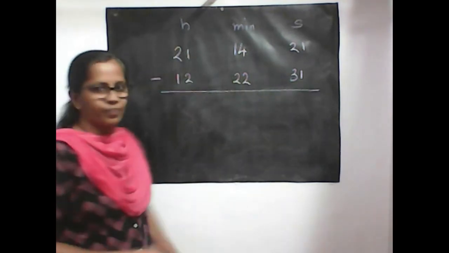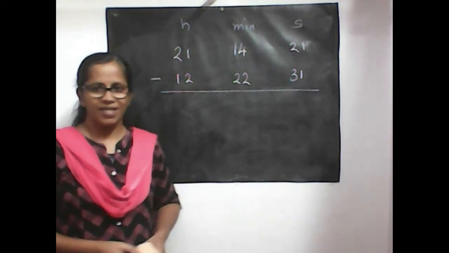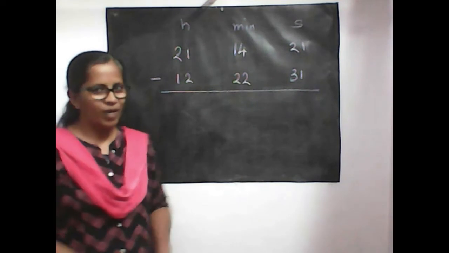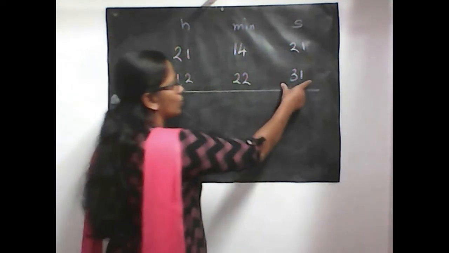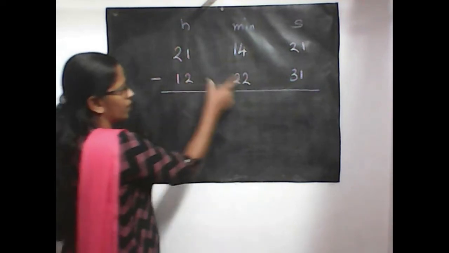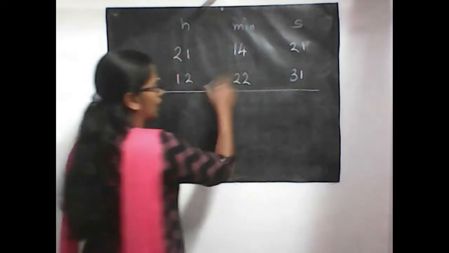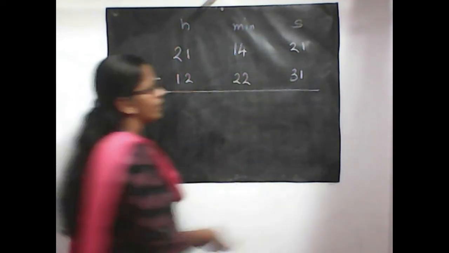Subtraction. Listen well. First you have to go to the seconds column, then the minute column, then the hours column. Each should be given a separate column, providing enough space between the columns. Okay. Then start from here.